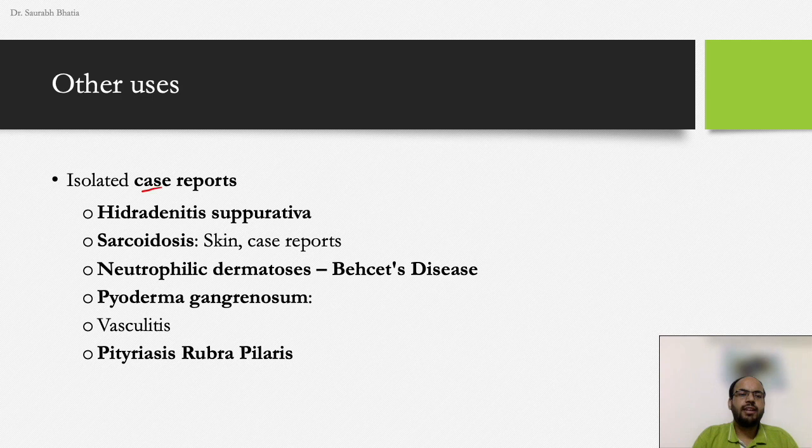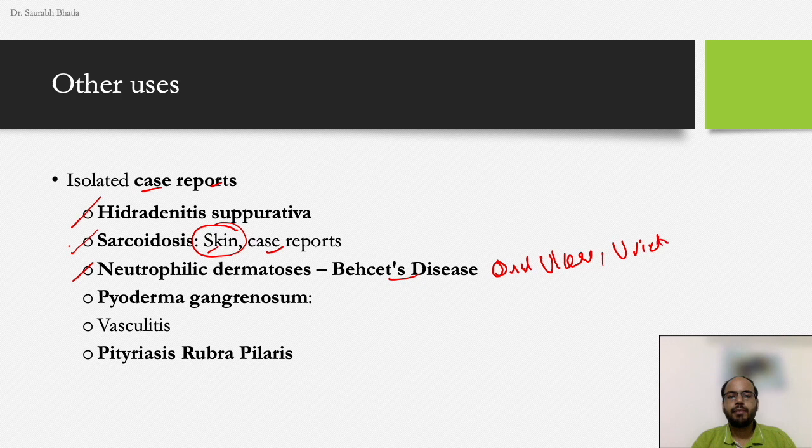So isolated case reports mention the use in hidradenitis suppurativa and in sarcoidosis. There are individual case reports, and predominantly cutaneous sarcoidosis responds very well. Neutrophilic dermatosis like Behçet disease, oral ulcers and uveitis respond very well to infliximab.